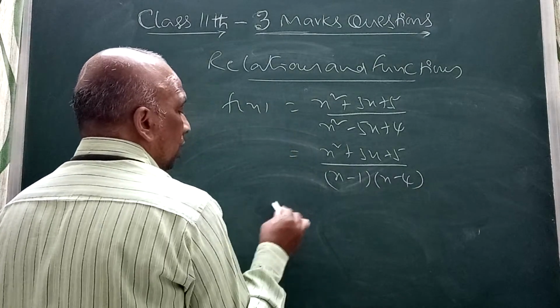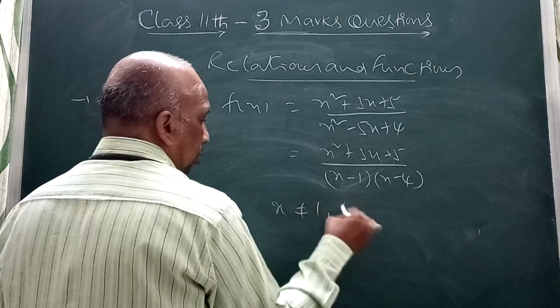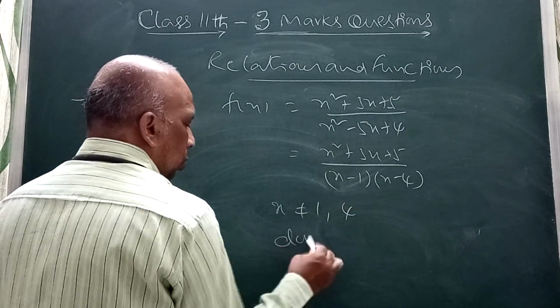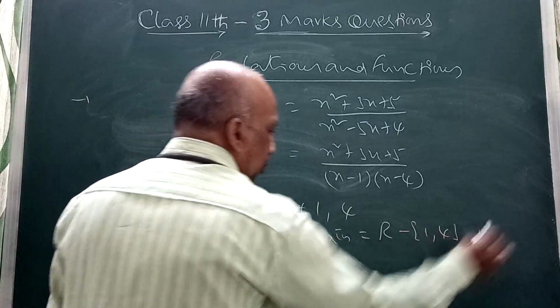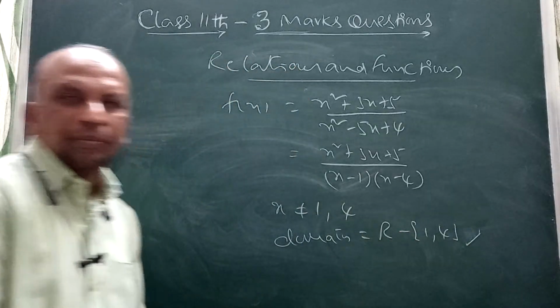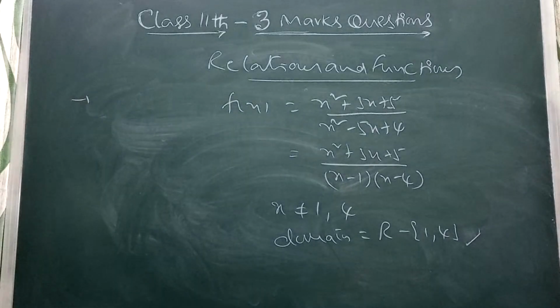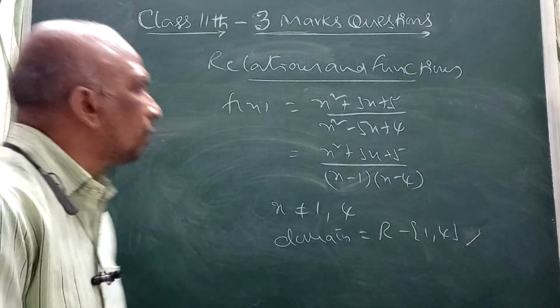So I can write domain equals R minus the set {1, 4}. We can find it like this.